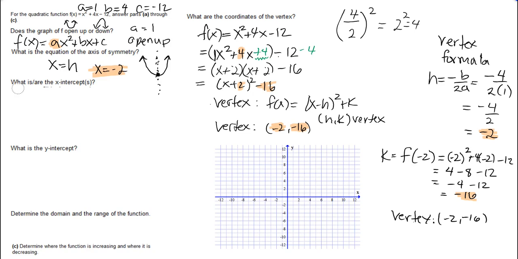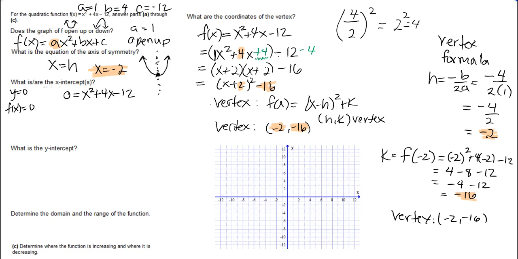In the next part, we want to find any x-intercepts. To find x-intercepts, we let y equal 0, and f of x is the same thing as y. So I'm going to set my function equal to 0 and solve.